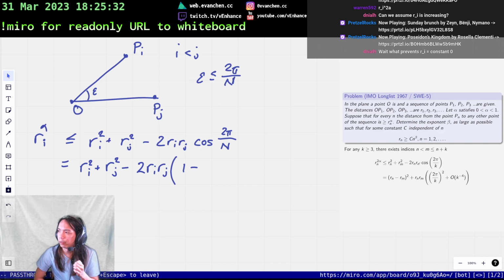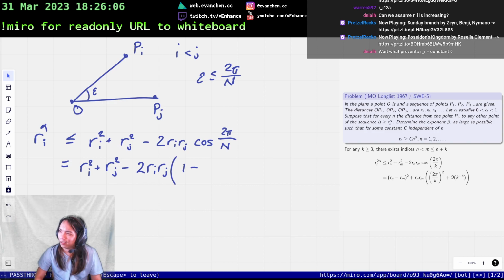What prevents the RIs from all being equal to 0? Nothing. I think it's the way the quantifiers work. The problem's a little clumsily worded. I think it's like: fix alpha, find a beta such that for every sequence... Wait, hang on. Actually, that's bad. Guys, I think we can take capital C equals 0 and any beta works.